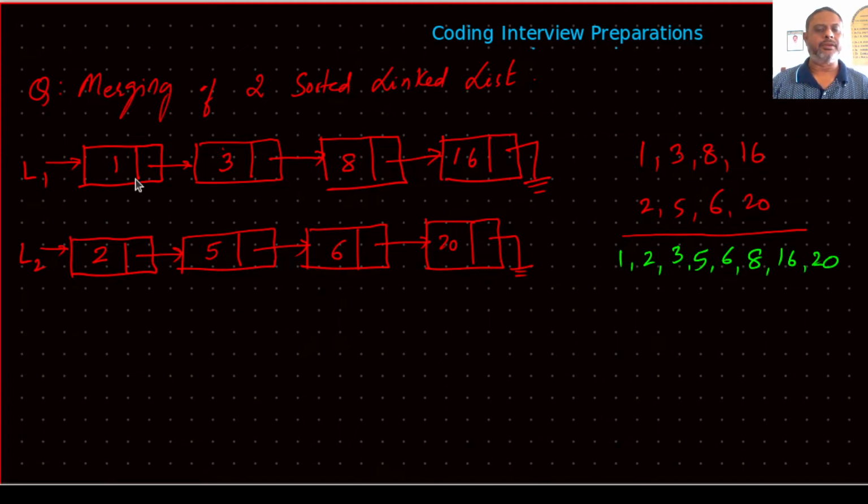So for example, we have two sorted linked lists, L1 and L2. L1 has the values 1, 3, 8 and 16, and L2 has 2, 5, 6 and 20. So the logic is to merge the two sets of data.